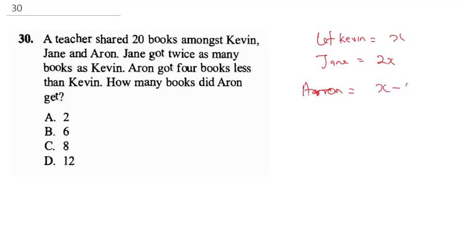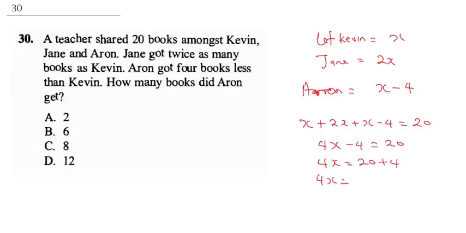That's x minus 4. Now remember that the books that was shared was what? 20. So if you do x plus 2x plus x minus 4, that will give you the total books, which is 20. So x plus 2x plus x is going to give us 4x minus 4, and that will give us 20. Collecting like terms, this will be 20 plus 4, so 4x is going to give us 24, and x will be 24 over 4, and that's 6.